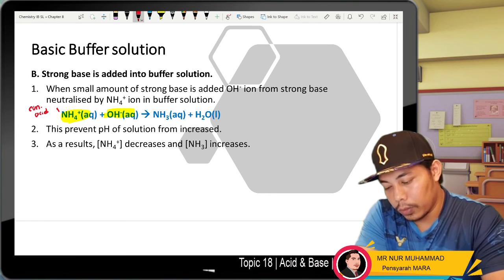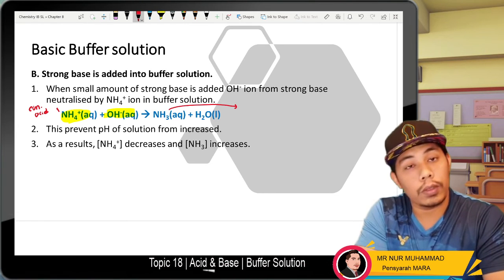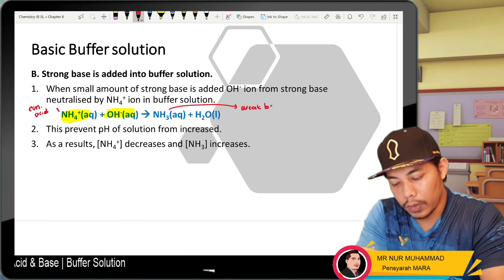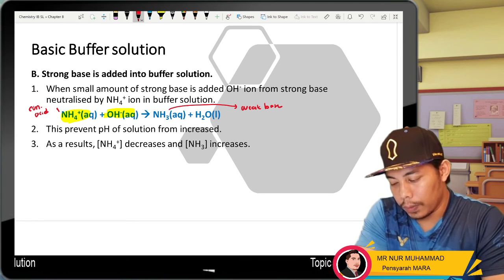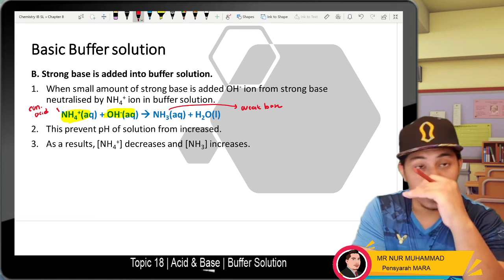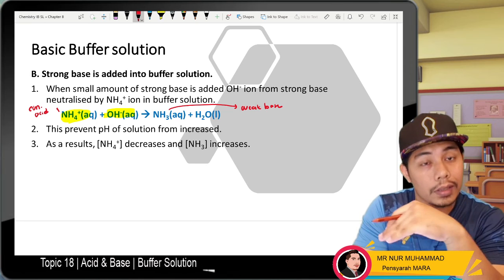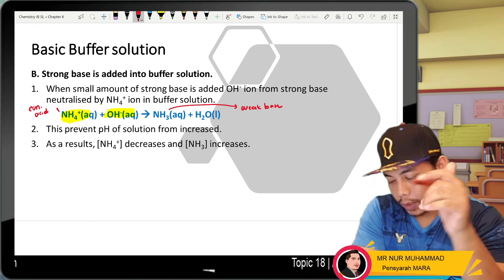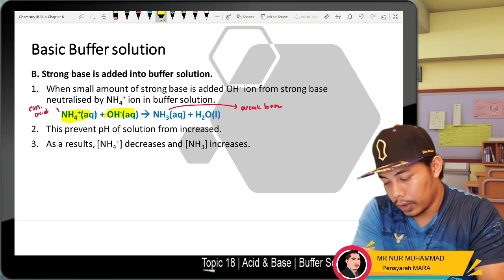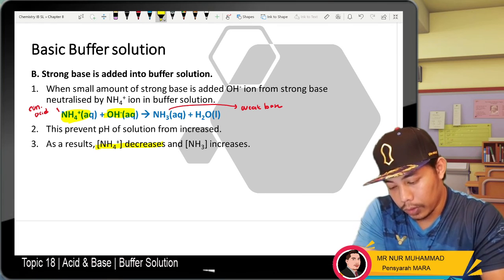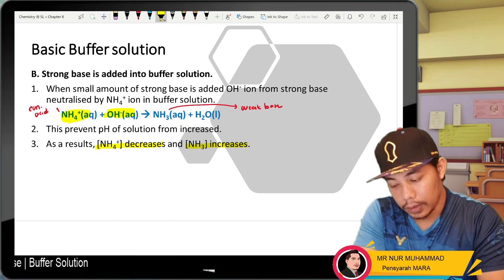Even though ammonia is a basic solution, it is a weak base, so this prevents the pH from increasing much. The pH still increases, but slowly, when the product is a weak base. As a result, the concentration of ammonium decreases and the concentration of ammonia increases.